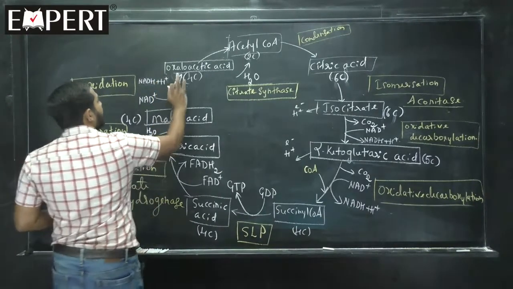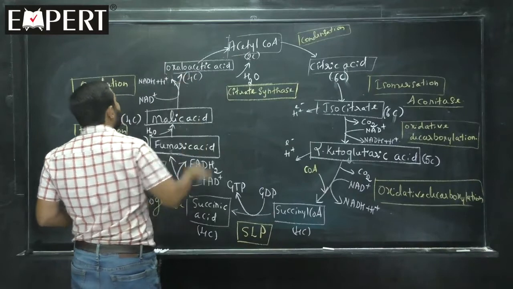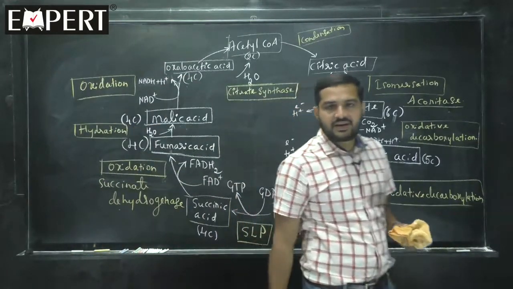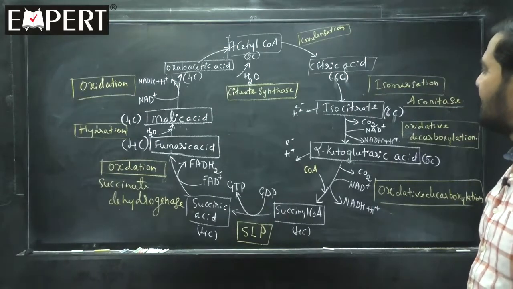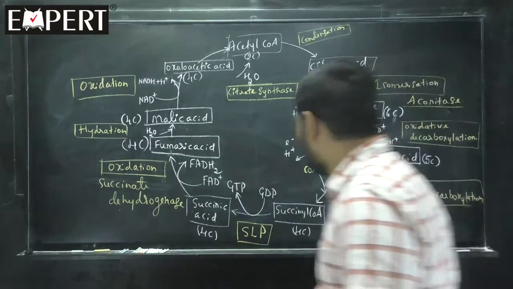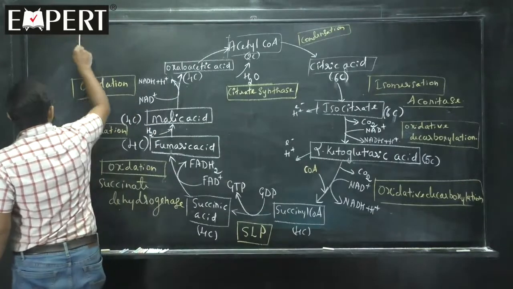So it is a product of the oxidation. Students, hope all these things are clear for you. It is the Krebs cycle.